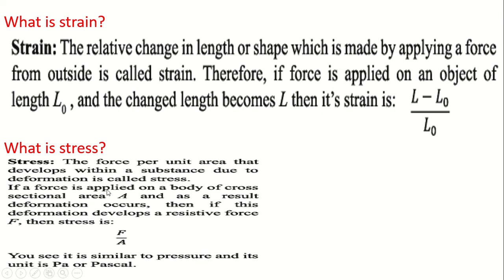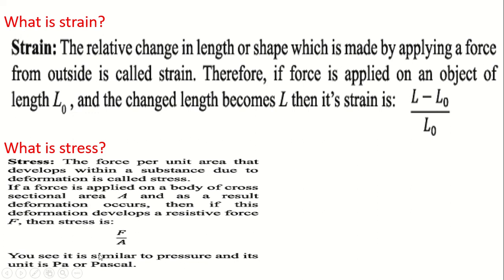If a force is applied on a body of cross-sectional area A and as a result deformation occurs, then if this deformation develops a resistive force F, then stress is F over A. That means stress is created due to the resistive force, because when we remove the force, the object gets back to its original position.